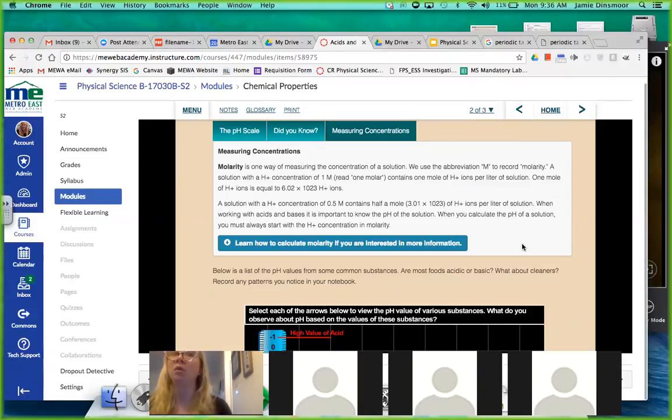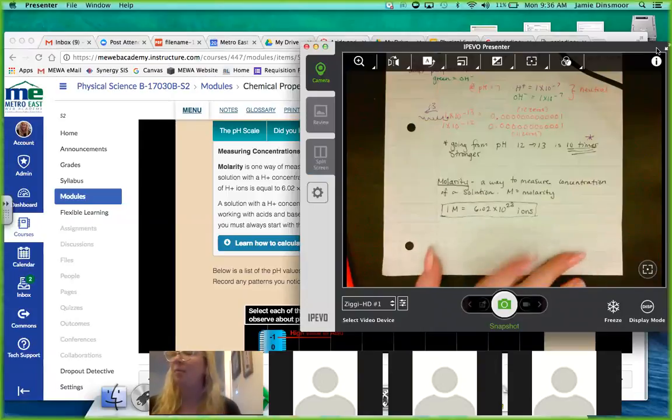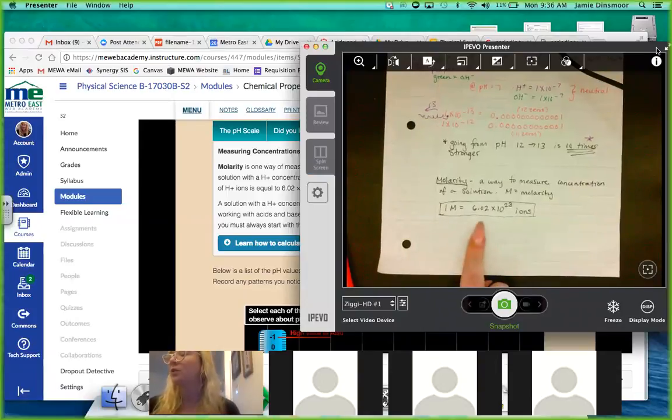And 1 mole is actually equal to 6.02 times 10 to the 23rd. It's something called Avogadro's number. You'll learn about it when you take chemistry. But basically 1 mole is 6.02 times 10 to the 23 ions of something.